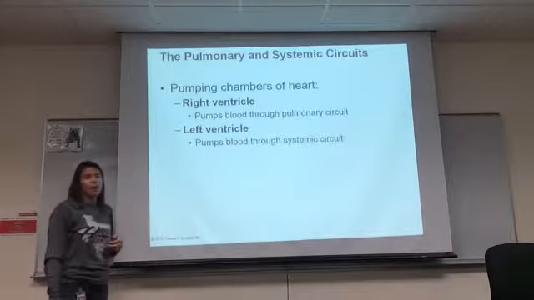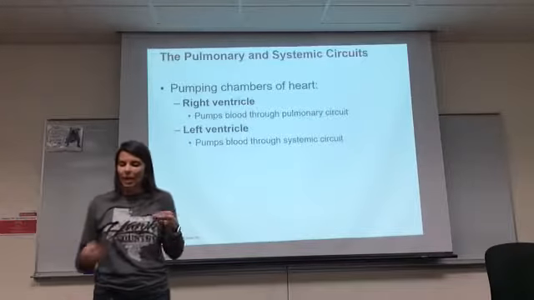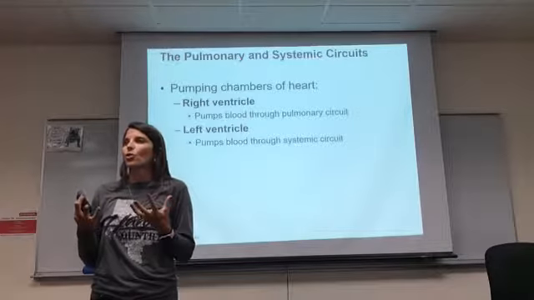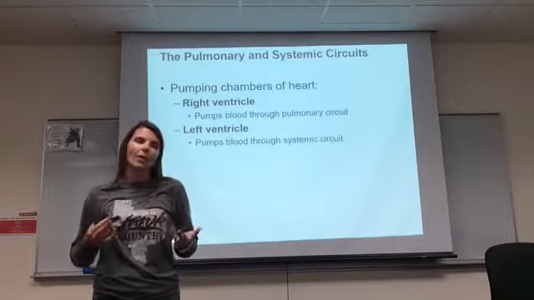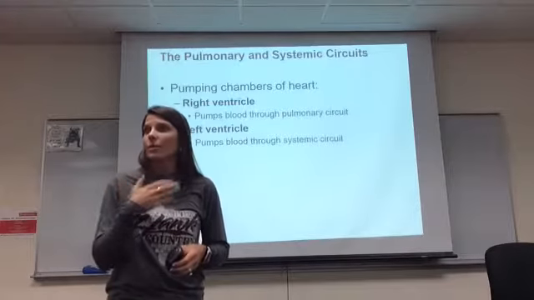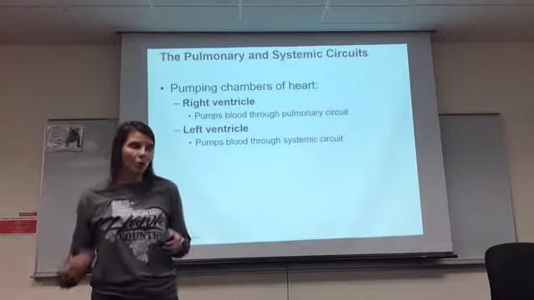The ventricles have much more muscle in comparison to the atria, because the atria are collecting, they're just bringing things in, but the ventricles are going to propel that blood to a specific destination. The right ventricle is going to propel the blood to the lungs, and the left ventricle has to shoot that blood up and out to the rest of your body.